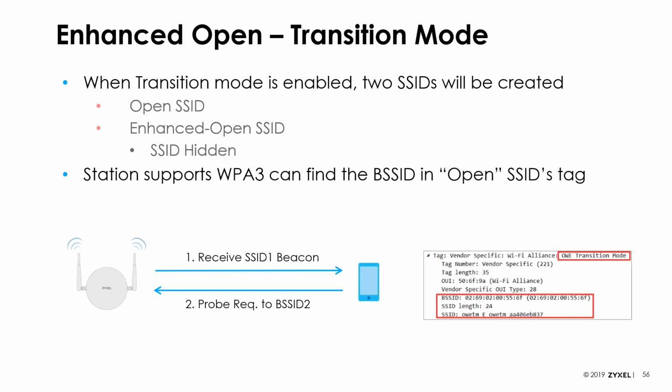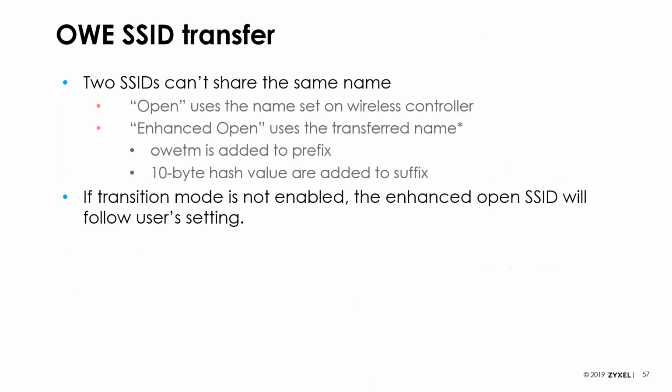So the client will automatically connect to that SSID if it's unable to support the WPA3 or the enhanced open encryption. So basically the client will not see any difference. It will just automatically connect to the supported SSID.